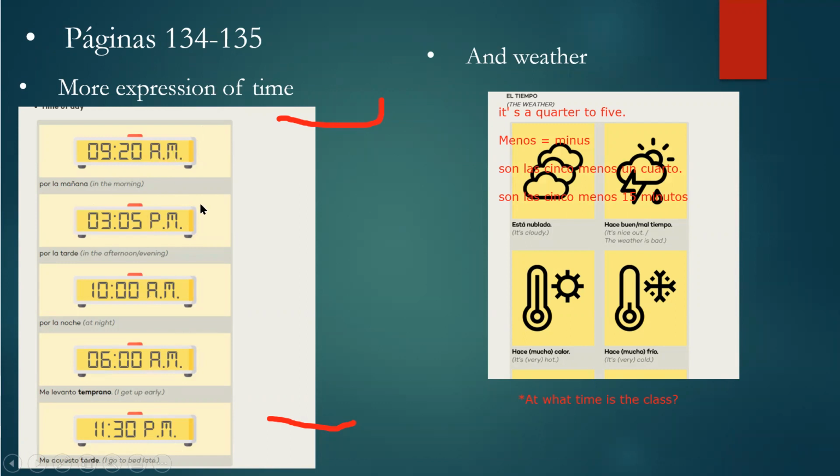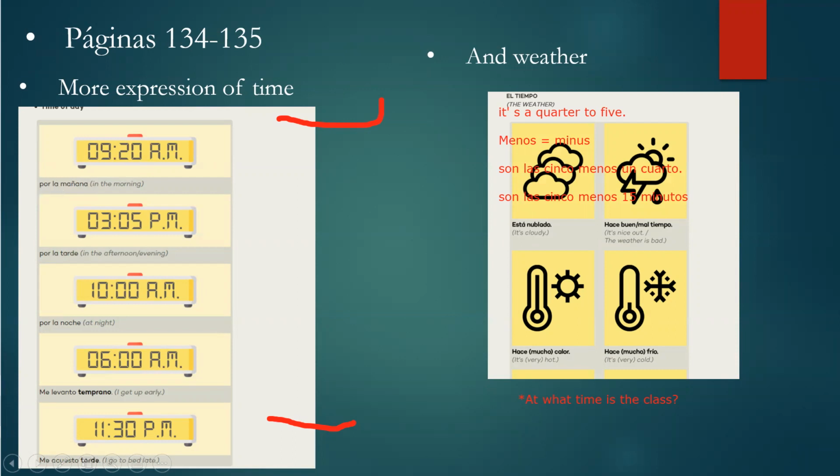PM would be the afternoon, and then AM. I think this is wrong here. I mean, this is fine. Por la mañana. This is in the morning. So sometimes you have to say, for example, this one here. ¿Qué hora es? Son las 9:20 de la mañana or por la mañana, of the morning.